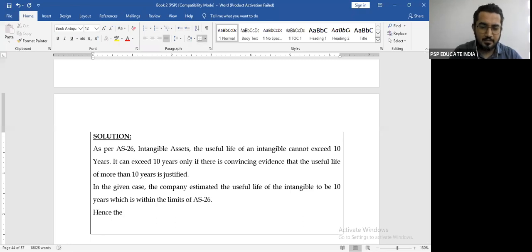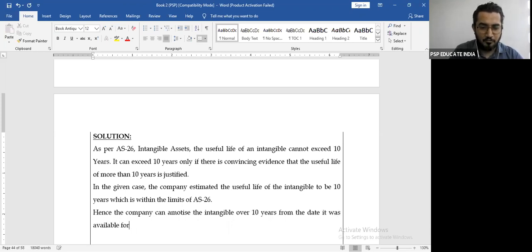Hence, the company can amortize the intangible over 10 years from the date it was available for use.